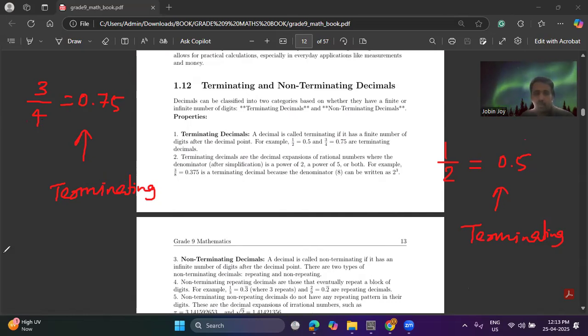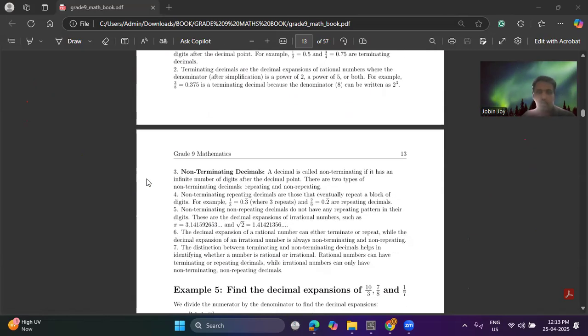Then another example is 3 by 8. So 3 by 8 is 0.375. So this is terminating.